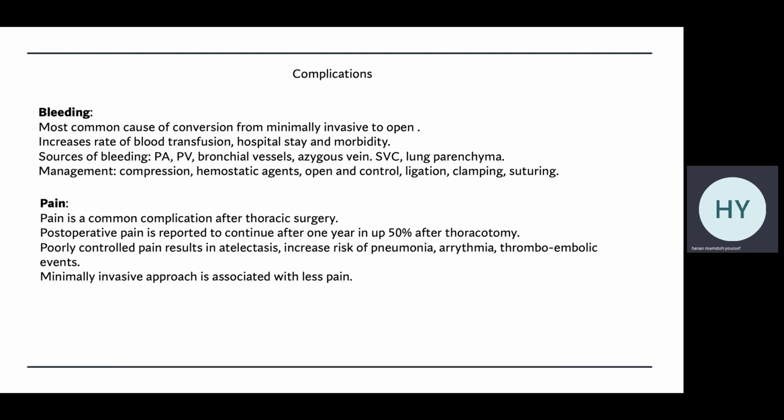They will contact the blood bank to get the blood cross-matched and ready in the room. They will ask for all the hemostatic agents, the stitches, the clamps, and a senior assistant if needed, or other help. So this is usually what will happen in this situation.